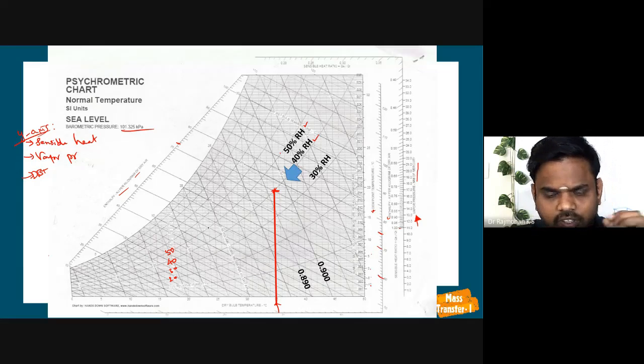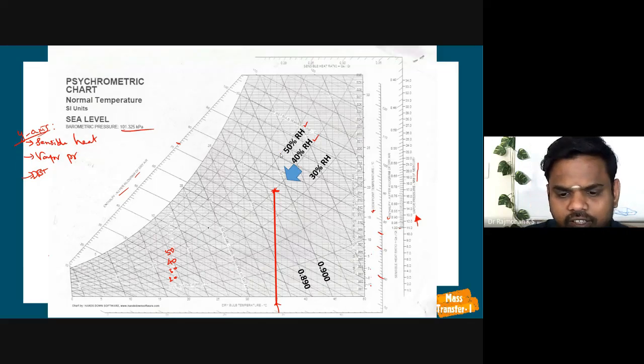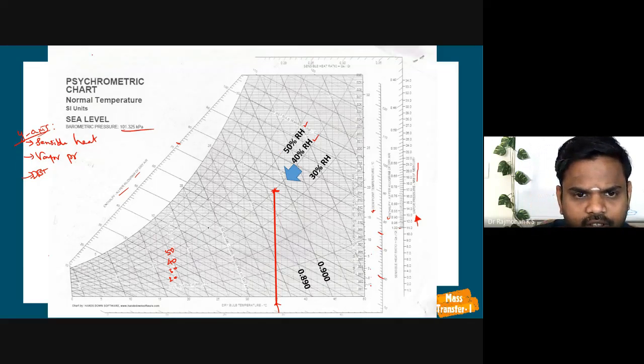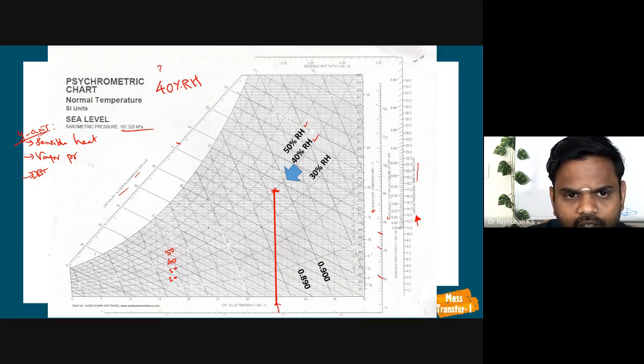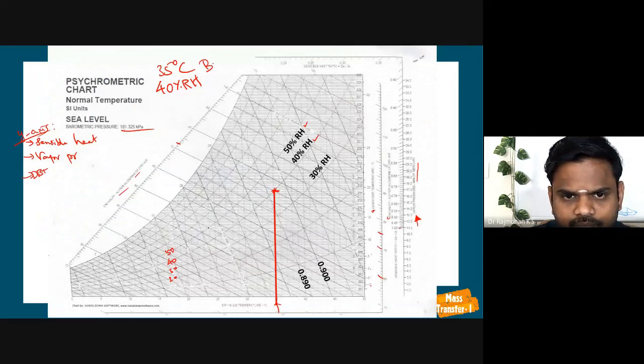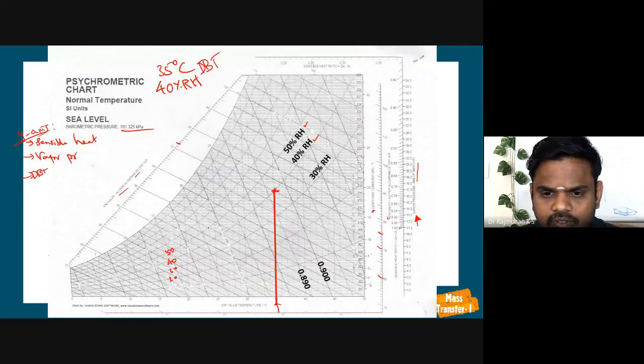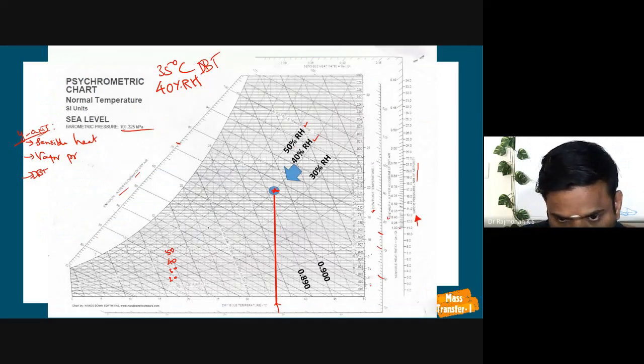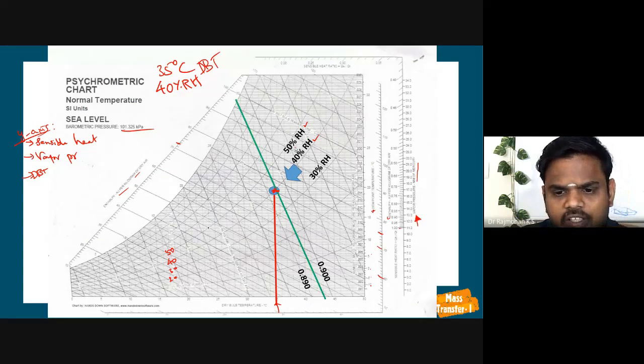So along this 40% RH and 35 degrees Celsius dry bulb temperature, you can mark this point, and along this you can determine the rest of the parameters.